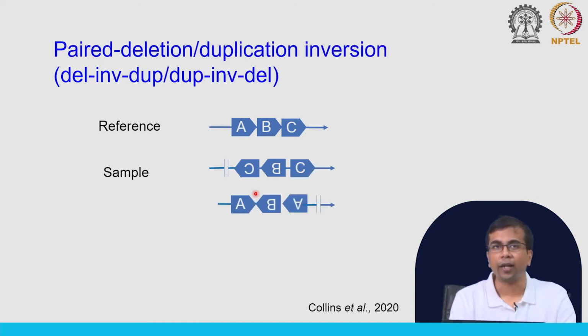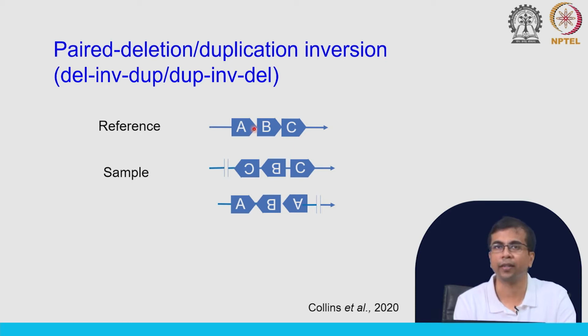Now, you can also have something called paired deletion duplication inversion, right. Here the reference is this ABC gene, okay. Compared to the earlier cases where you have either duplication at both ends or deletion at both ends, here at one end you have deletion and at the other end you have duplication, right.